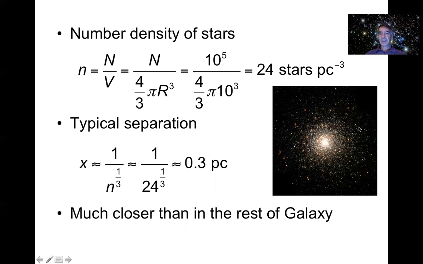And of course, we've already done an average over an entire volume here. On the outer parts of the globular cluster, they're not very well packed in, but in the center, they're really, really well packed in. So in the center of these globular clusters, the typical separations are much smaller than this.